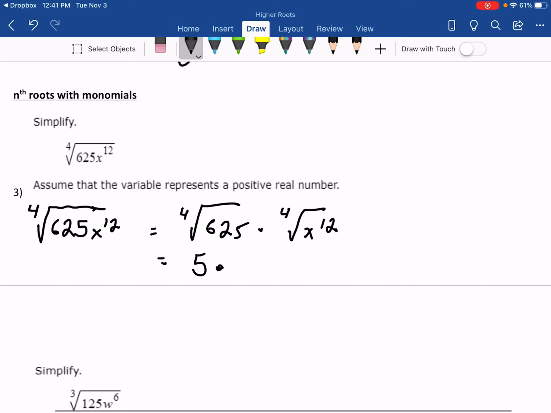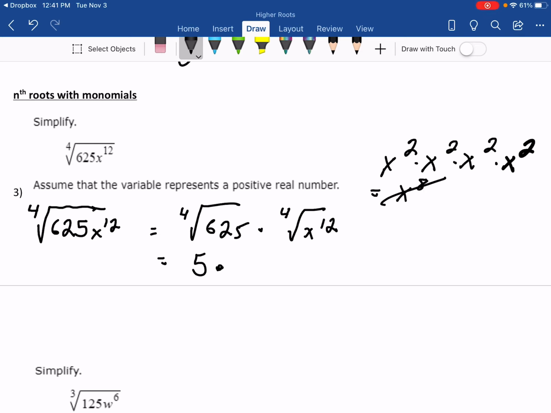Now, to do the fourth root of x to the 12th, we need some power that when we multiply it by itself 4 times is going to give us 12. Let's say I guess it's x squared. That'd be x squared times x squared times x squared times x squared. Well, we add the exponents, that's x to the 8th, which is not what we want.